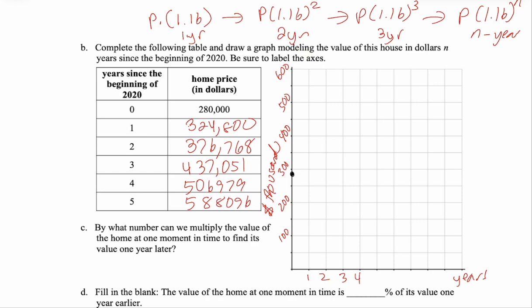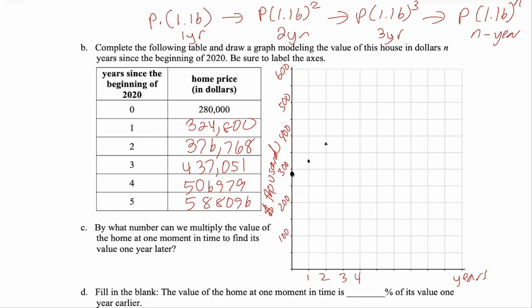At year 1, we're at 324. So we have gone up a little bit. Here's the 350 mark. So 324, I'd say, is roughly here. Year 2, we're at 376, which would be roughly here. Just guesstimate.